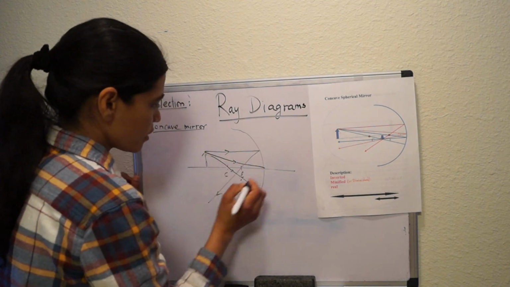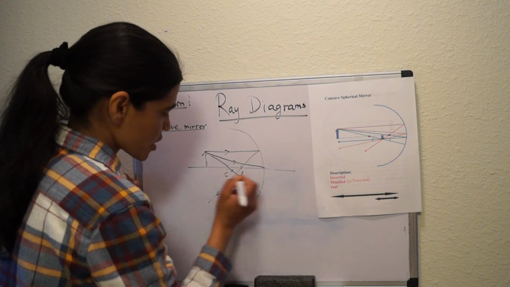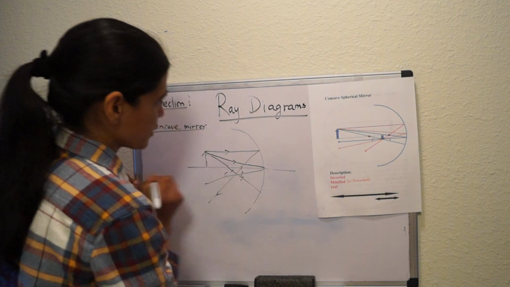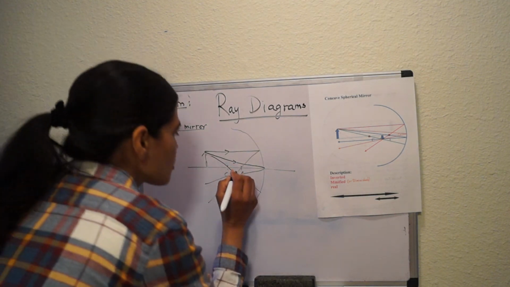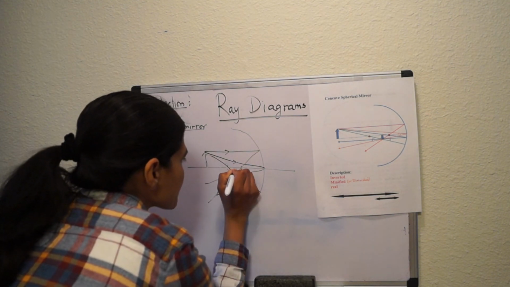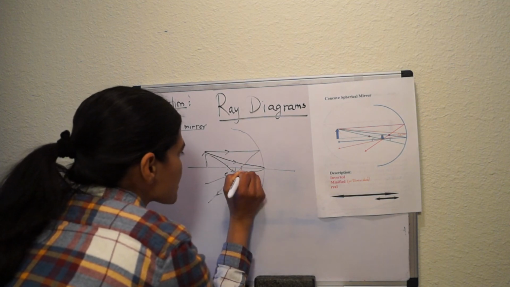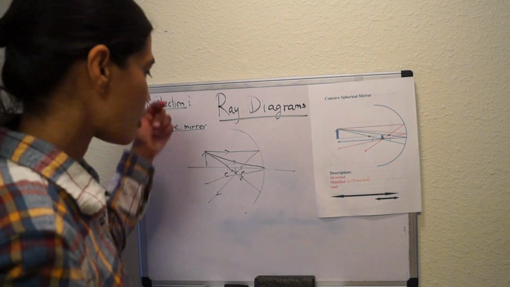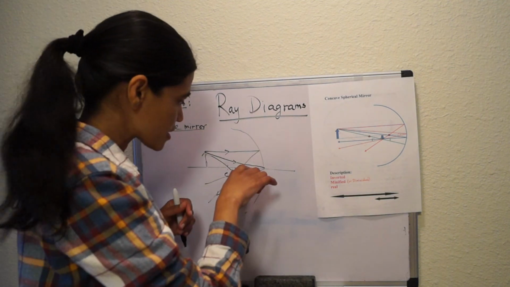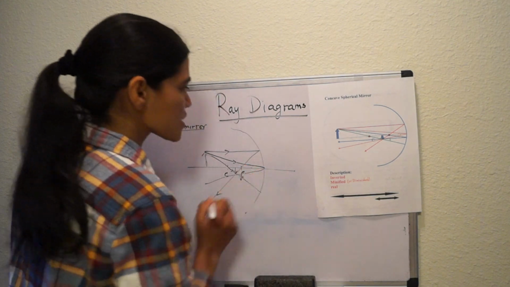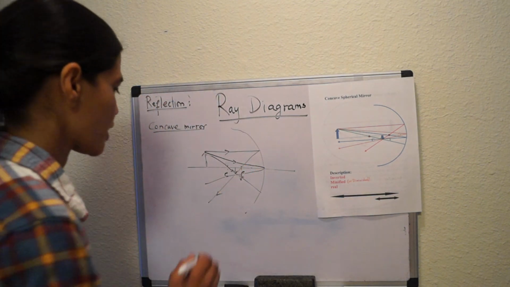This is the central ray, and then it's going to come back like this basically. So this is what I meant to make. By the time we have all these intersections here, our image is going to form over here in between C and F. That's what I was trying to do earlier. My angle was a little bit, this angle was bigger, so that's why I didn't have that image. It kind of looks messy, but if you know the steps, it's okay, we can do it.